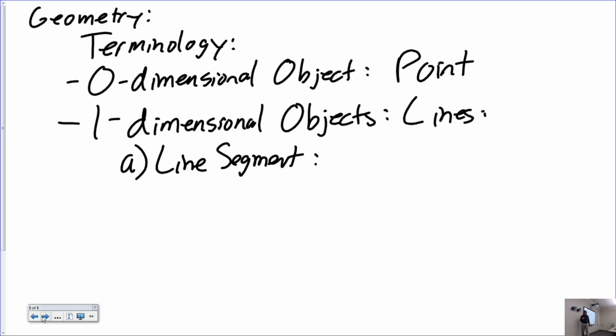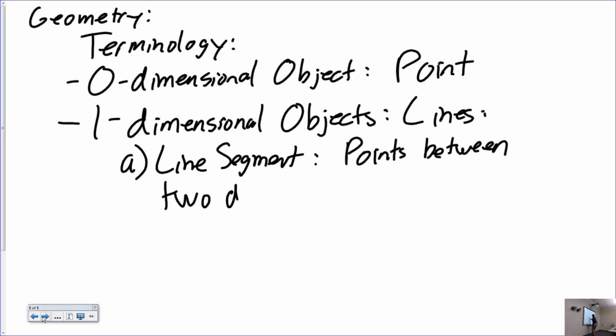Now, when I say the phrase line segment, what does that mean, folks? Where lines cross. On the right track, but not quite. Points between two defining points. So a line segment, note folks, lines are always an infinite number of points. Every line is an infinite number of points, okay?